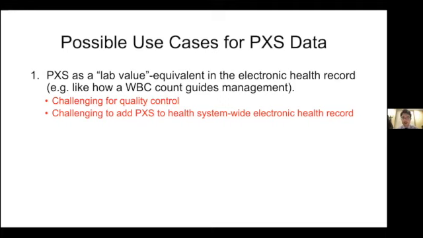That doesn't supersede the role of the radiologist per se, because that information isn't actually communicated or extracted from the X-ray typically. But it would be kind of an interesting thing that you could trend over time, kind of like how the white blood cell count gets trended over time, and could be used to help with risk stratification. But there were some major concerns with this.